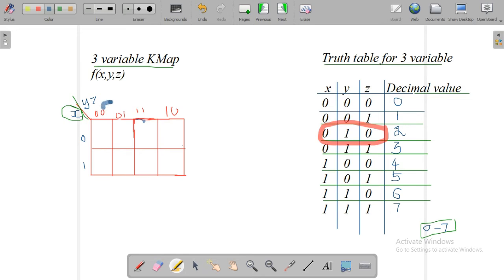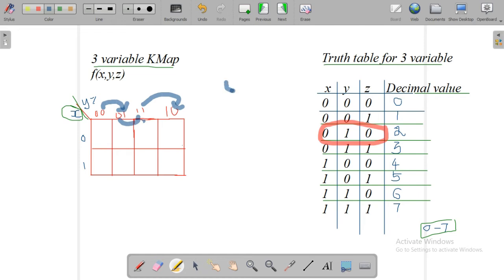Here you can see 0 is changing to 1. Yes, one place is changing. The next 0 is changing to 1, like this. Next, this 1 is changing into 0. So this is the progression, but it is not following binary progression. Instead, they differ by only one place when moving from left to right.